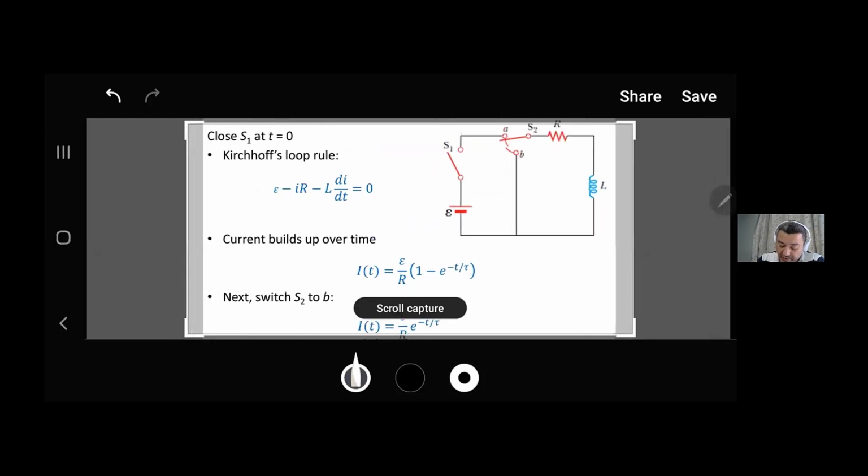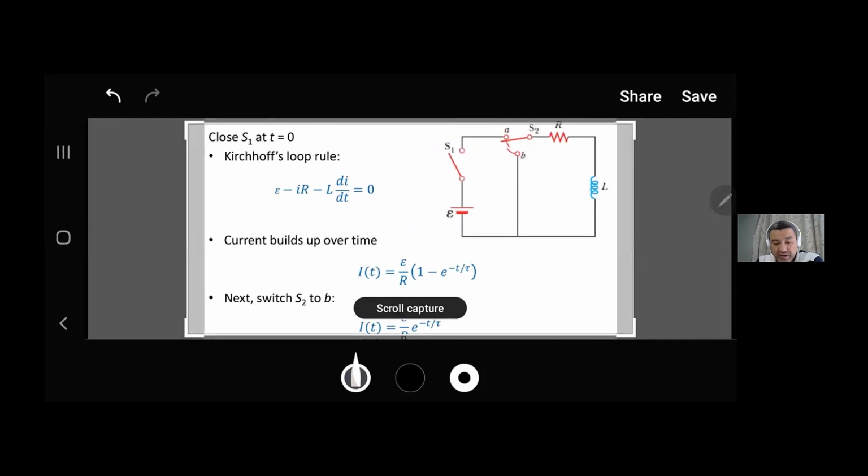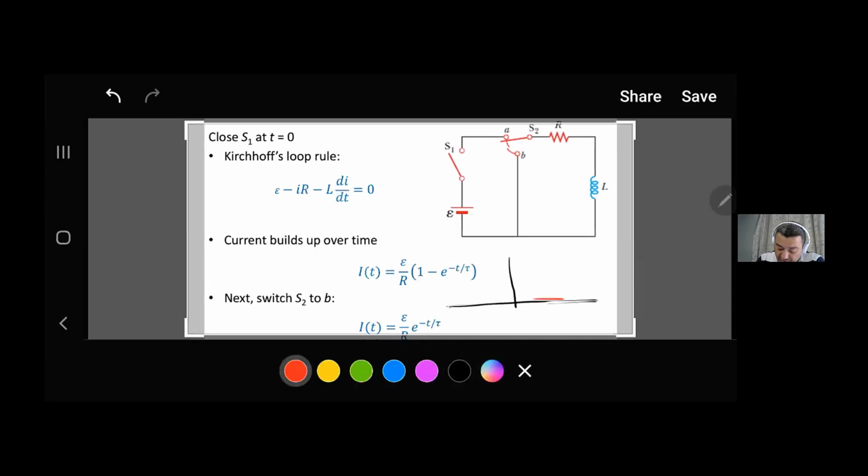So if I look at the circuit and see how the current is building up in the circuit, it will build up exponentially, starting from zero.